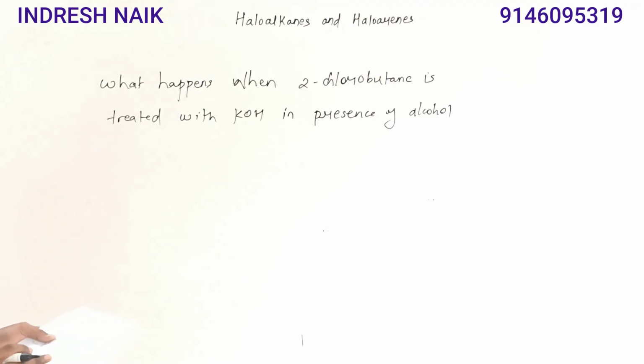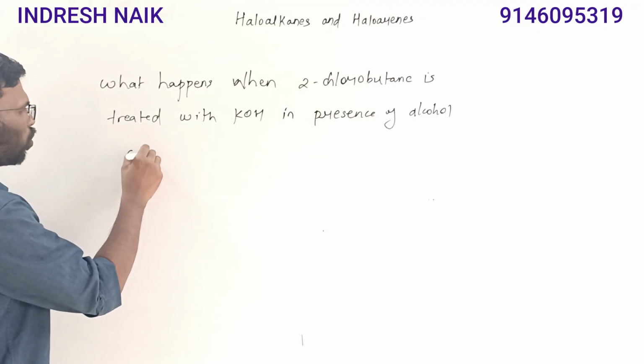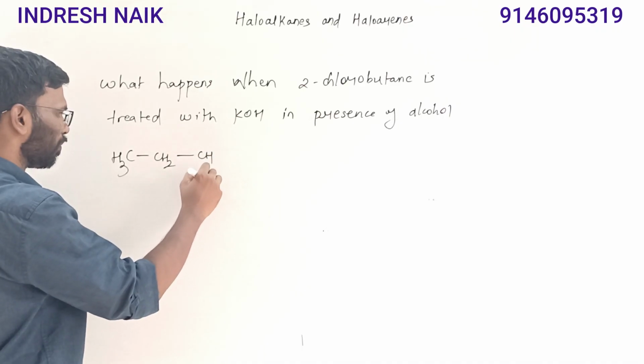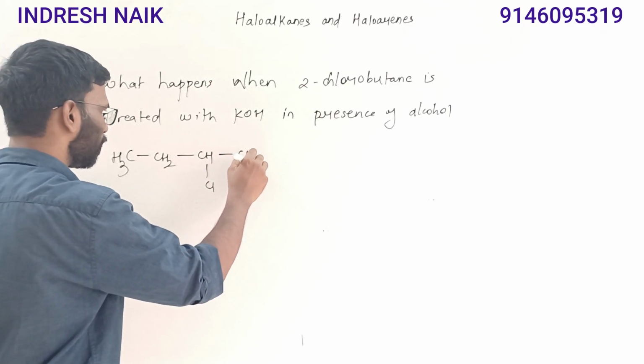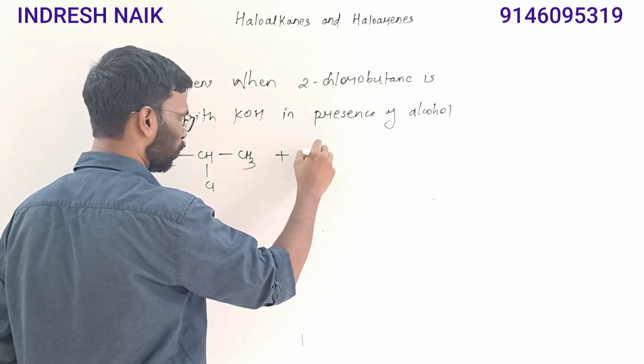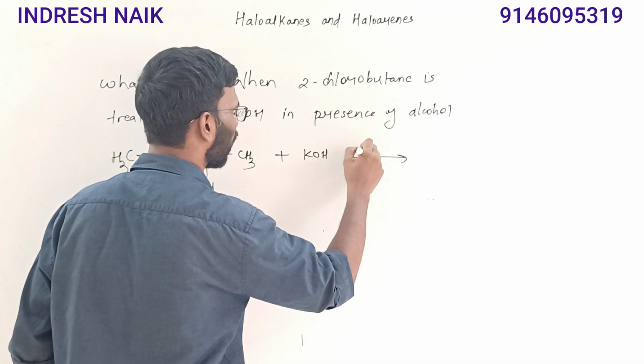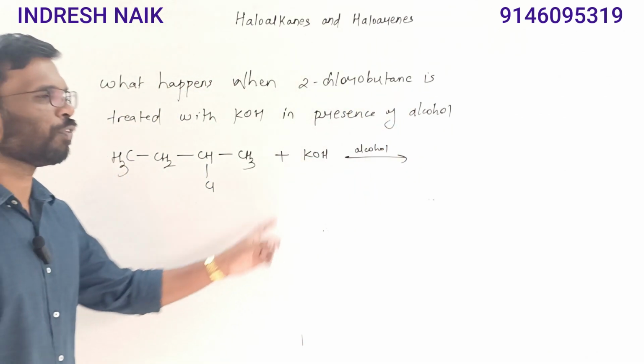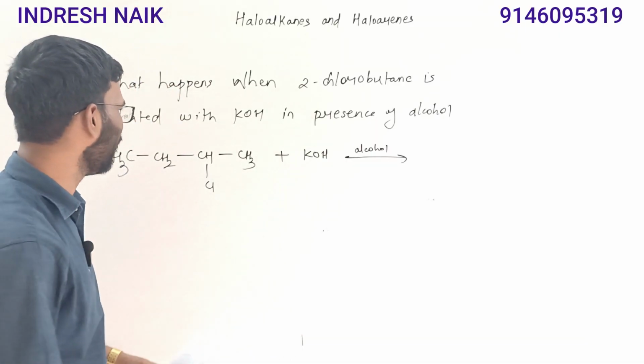The reaction is very simple. You take 2-chlorobutane and react this with KOH in the presence of alcohol. It is not mentioned which alcohol, but sometimes they may write ethanol. You have to understand that it is an elimination.